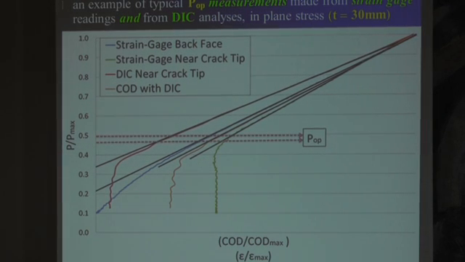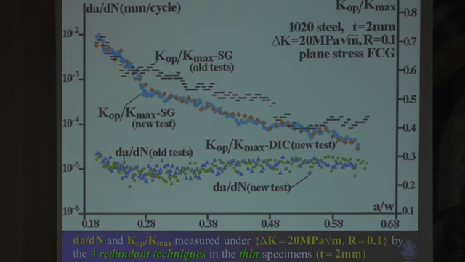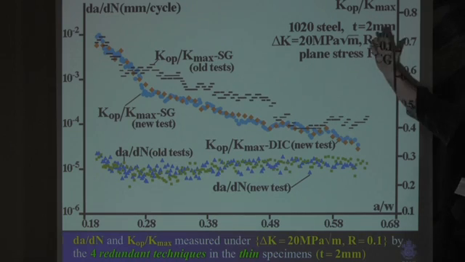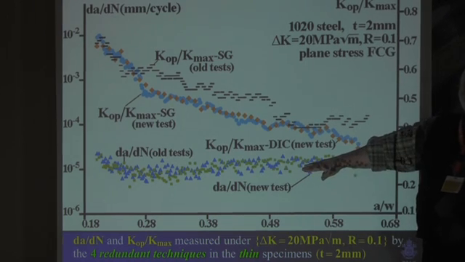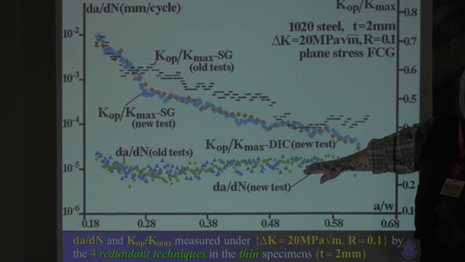Very same thing using thick specimens, and once again we got the results plotted in the way we did before. Crack propagation rate under constant delta K, almost constant.